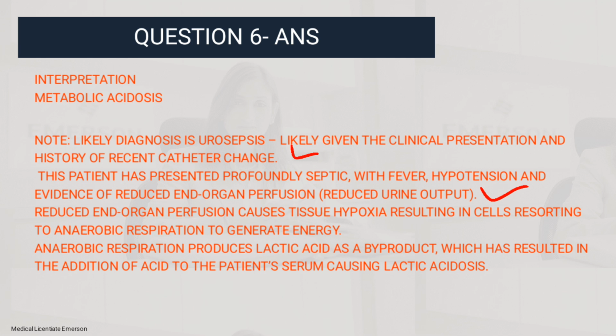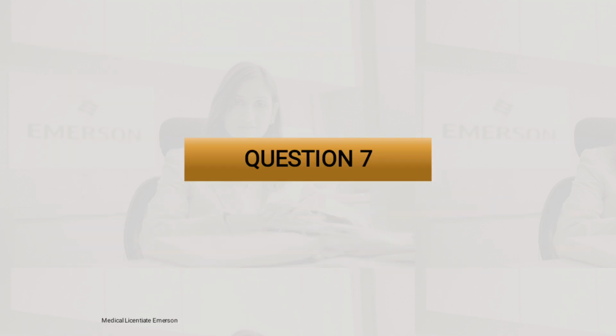Anaerobic respiration produces lactic acid as a byproduct, which has resulted in the addition of acid to the patient's serum, causing lactic acidosis. So that is the explanation for what has happened to the patient using the ABG and the clinical picture that we have been given. Okay, so let's move on to the next question.